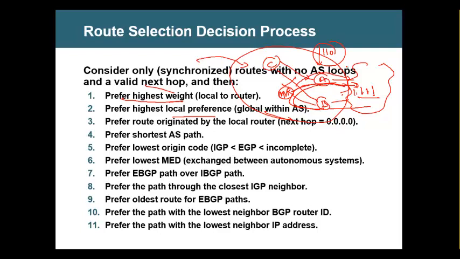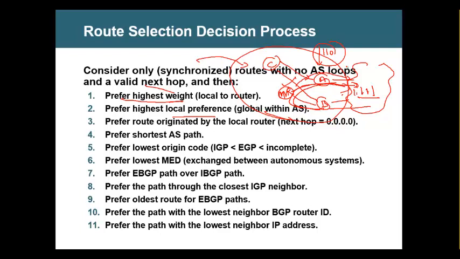attribute iteration. When a packet wants to go to a destination, the first thing it will check is whether I have a reachable next hop, a valid next hop. Secondly, if there are multiple paths with a valid next hop, it will check whether any one of these paths, any one of these neighbors, has got more weightage.